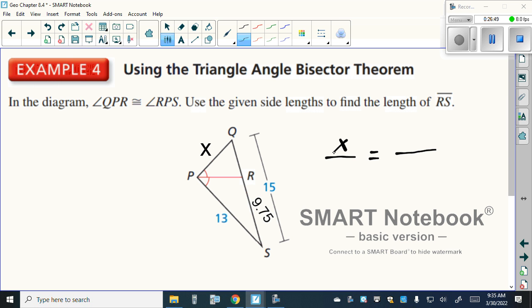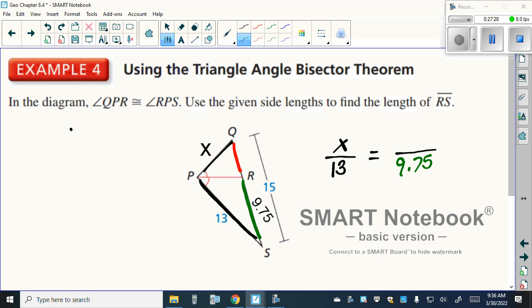Now, the other part, because these go together, so X is going to be over 13, is equal to this segment over this segment. Now, what's the segment's length in red? Well, we don't know, do we? But I do know what the whole length is. It is 15. Yes, because the other segment is 9.75.